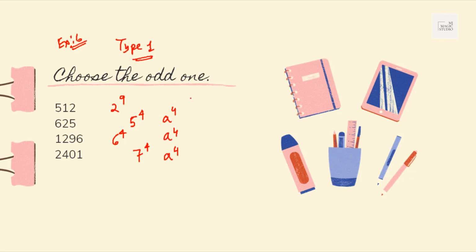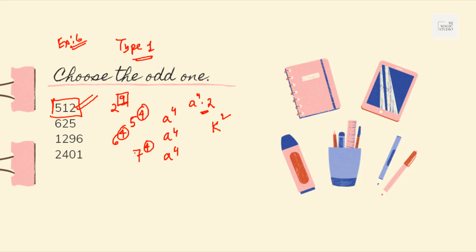But 2 to the power 9 is not a to the power 4. It may be like a to the power 4 into, then we will have another 2 outside, or we can say that these powers are even powers. This is not an even power. So yes, 512 should be the odd one out. Again, the index number is not even, and it's not in the form of k square.